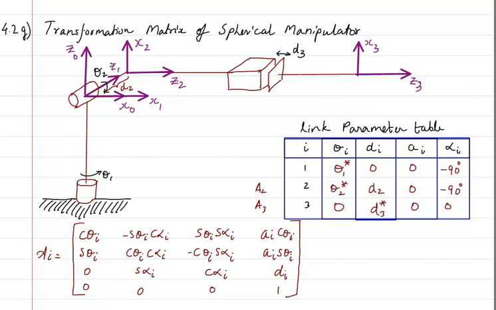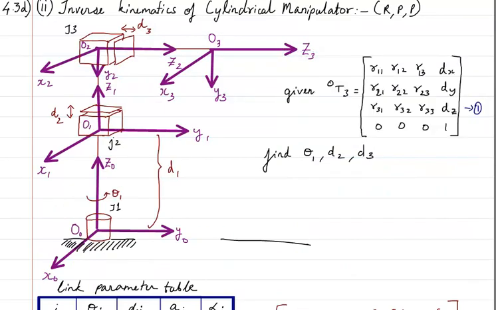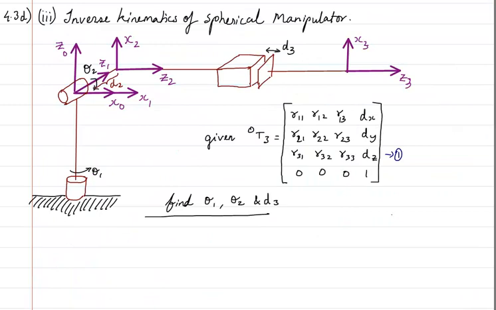Suppose we have a spherical manipulator of which we want to find the inverse kinematics. That means we are interested in knowing the values of theta 1, theta 2, d3.